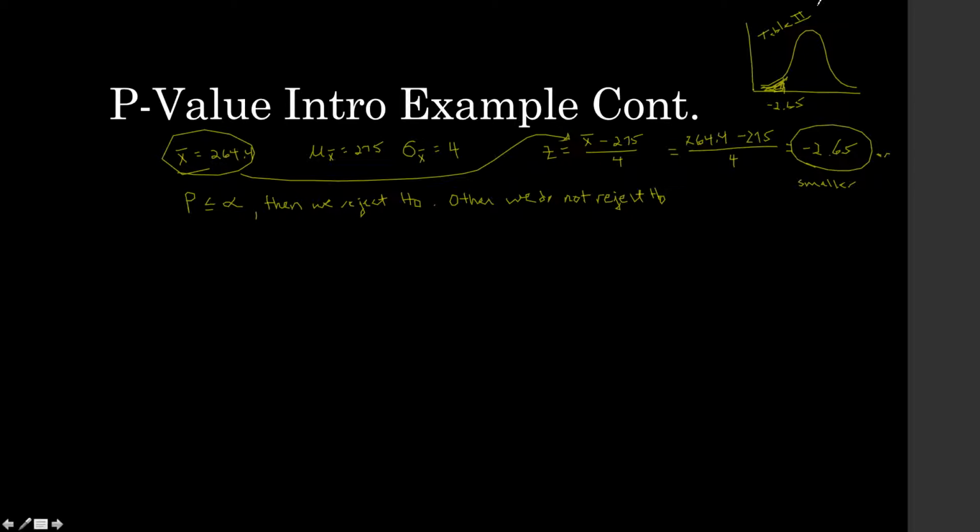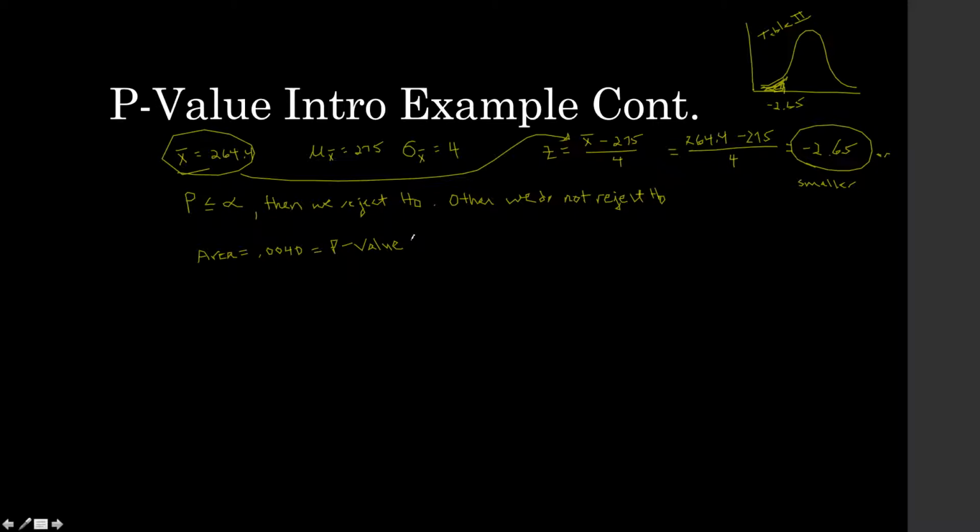That area is 0.004. Remember, area and probability are the same thing under the standard normal curve, so that's the same thing as the p-value.